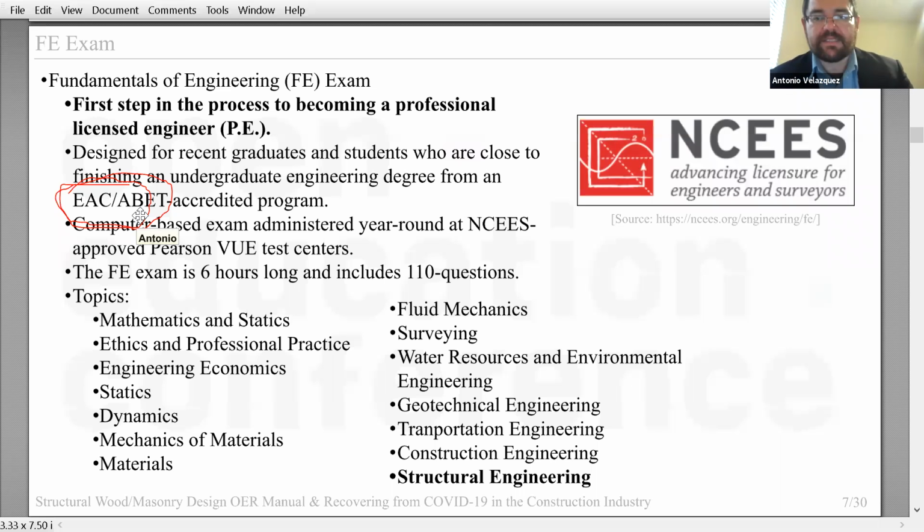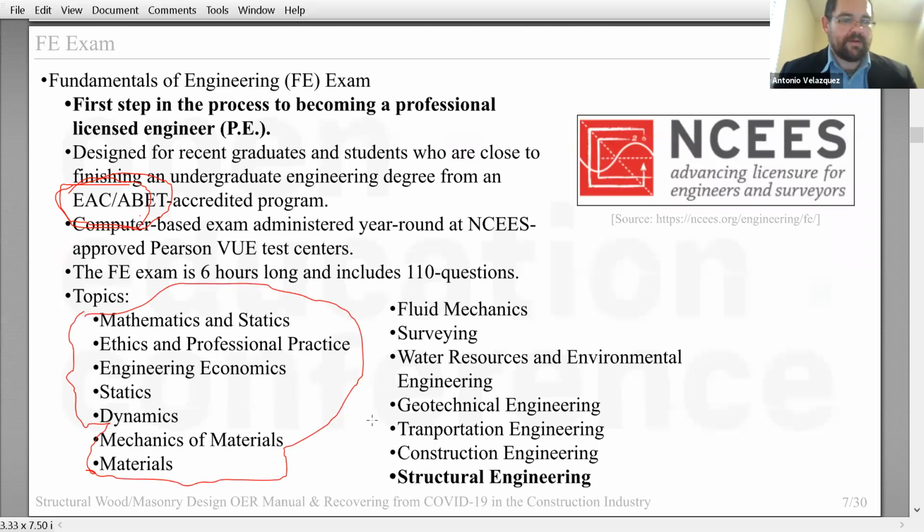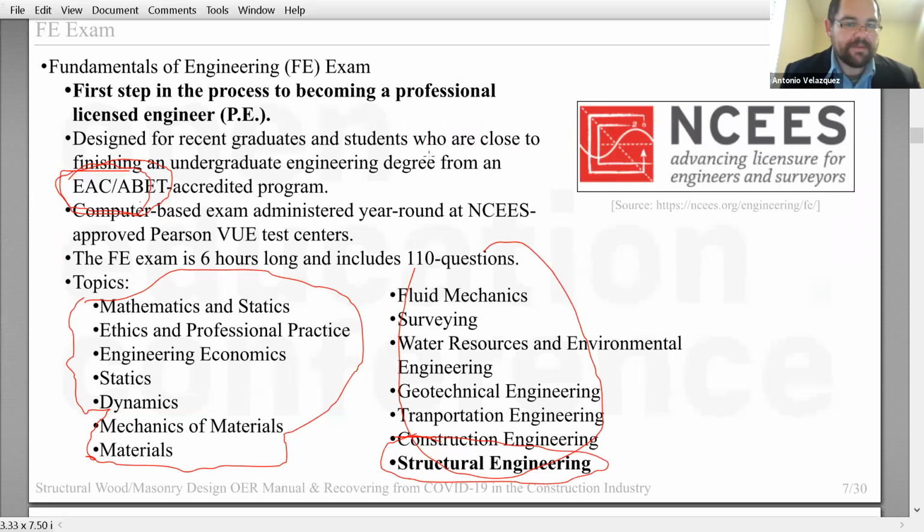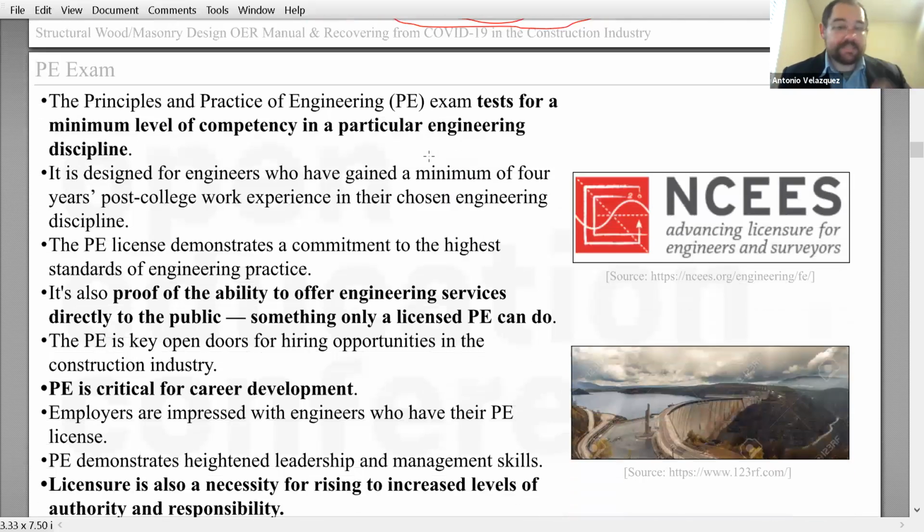Savannah State University is an ABET accredited program. So, computer-based exams. Typically, the scope of this exam comprehends the general core, the general spine of the curricula, and then you just go to specifics. Here, I'm going to talk about structural engineering in just a minute. All right. So it's pretty much the thing.